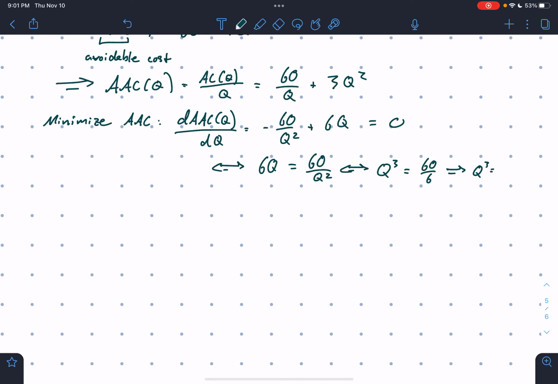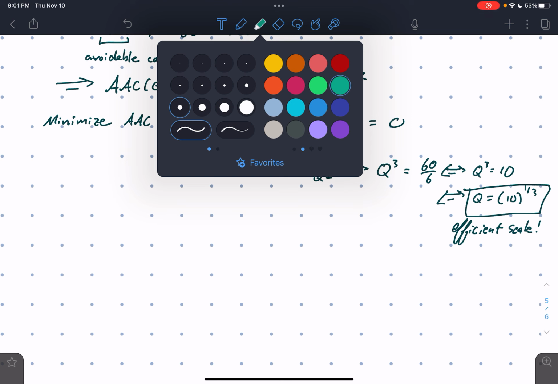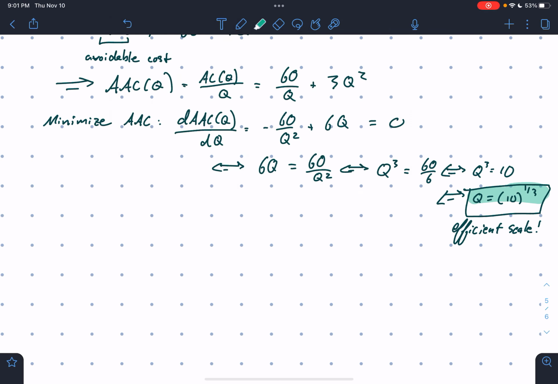So q cubed is equal to 10. In other words, q is equal to 10 to the 1/3. All right, so this is the efficient scale. Yeah, green. Let's go. This is the efficient scale.